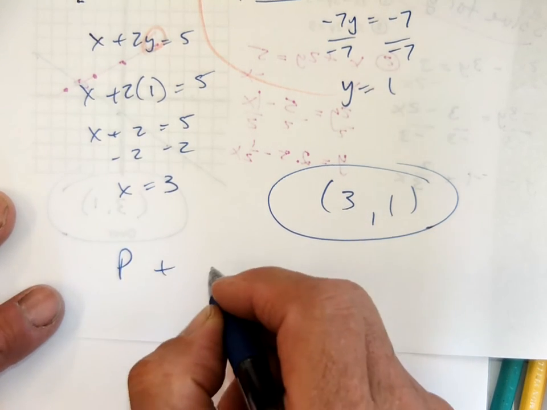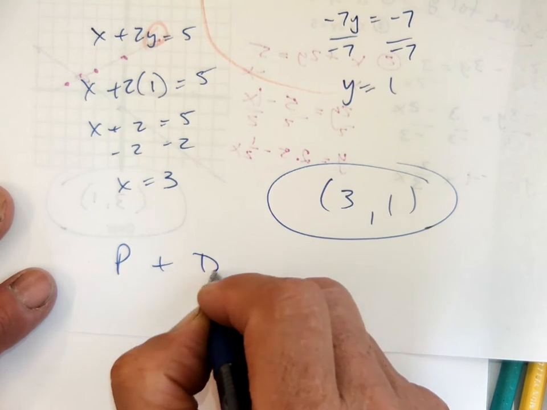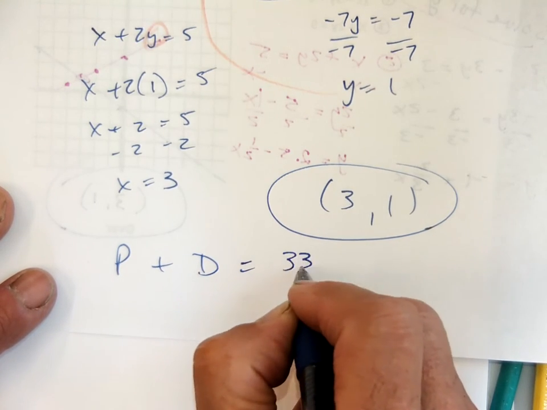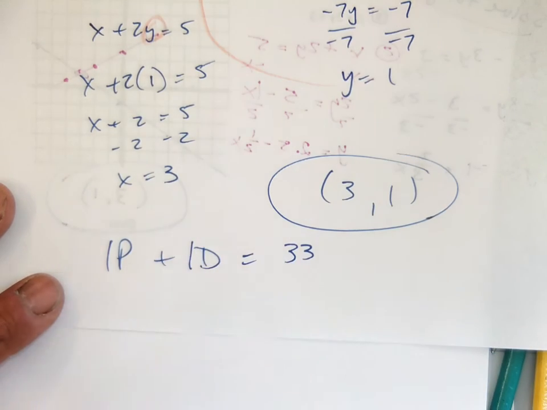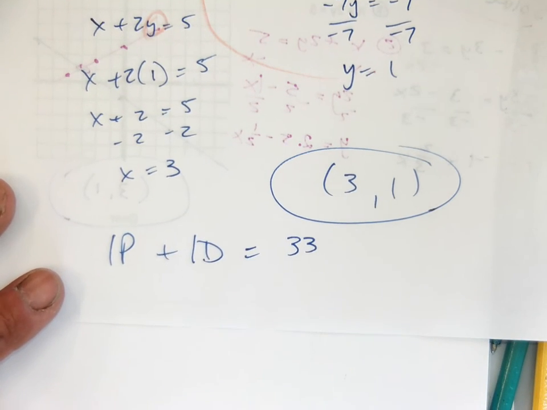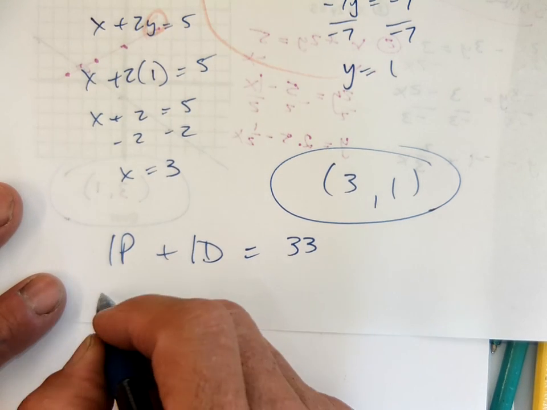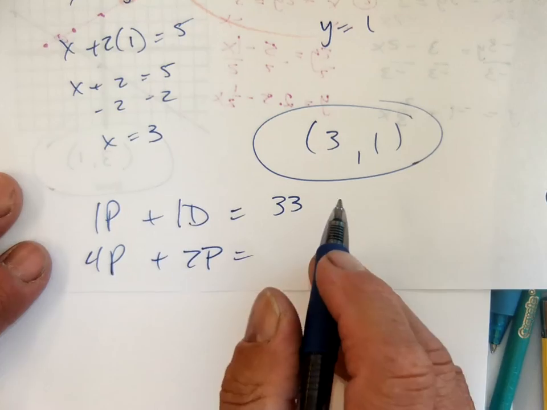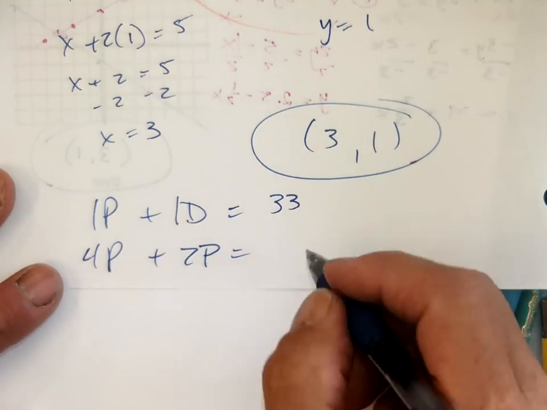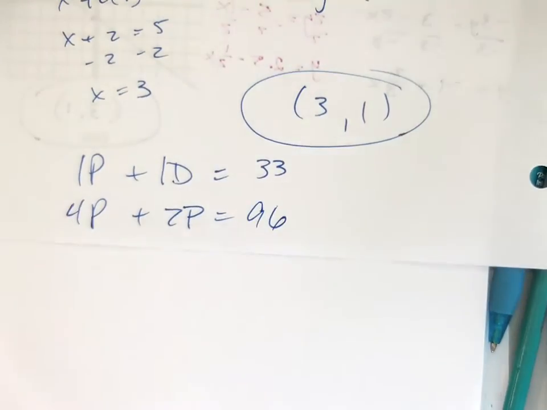Pigs plus ducks together have 33 heads. Pigs have one head, ducks have one head, correct? Pigs have 4 legs, ducks have 2 legs, but we have a total of 96 legs. Could we solve it from there?